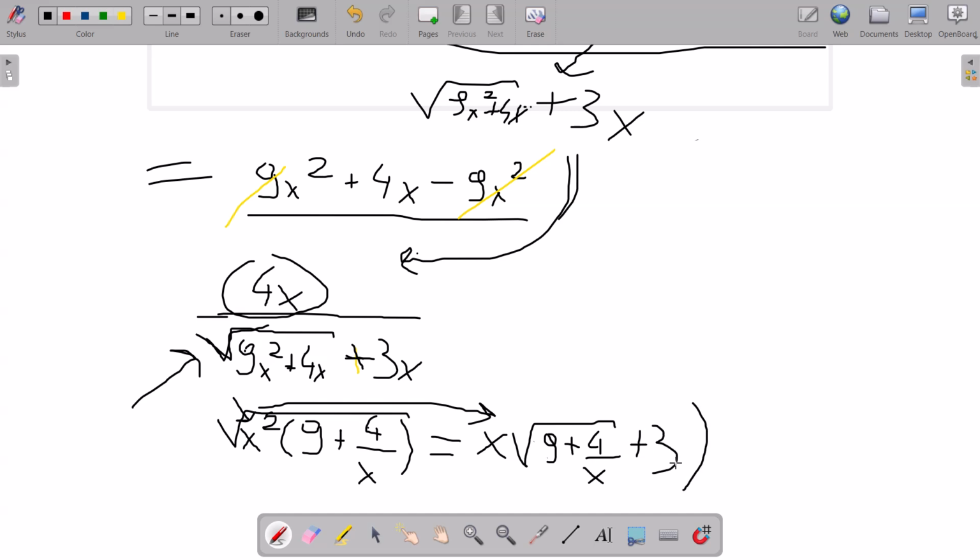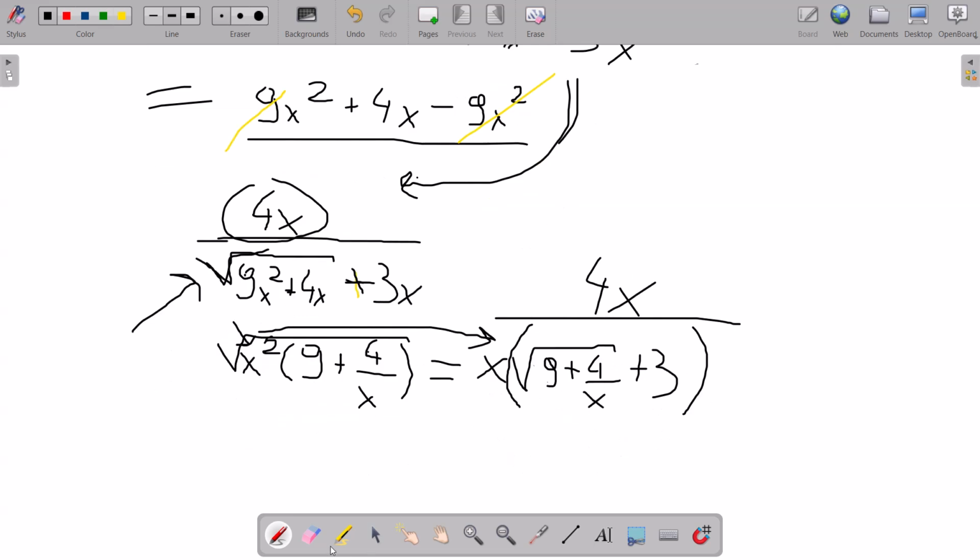Then we write in brackets, we eliminate 3x because we factor out x before the whole expression. So we have only 3. And here in the numerator we can write 4x. Okay, now it looks like this, pretty clean.